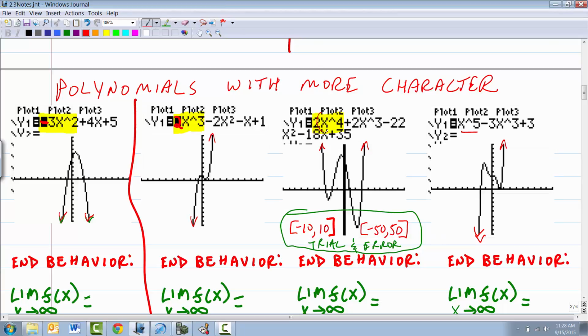And even though 100 cubed is a lot, and 100 squared, the 100 to the fourth dominates the situation. It actually makes this less significant. And all I have to ask you is, what's 2 times 100 to the fourth? What kind of number is that? It's a very large what? Positive. And then what happens when I plug in a negative 100?